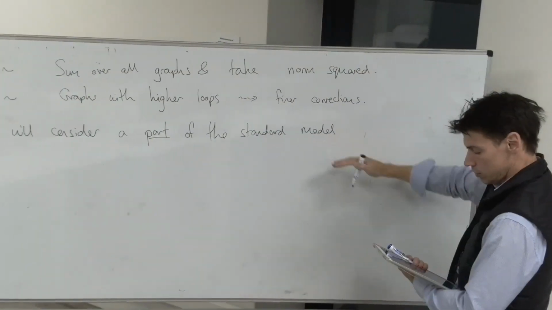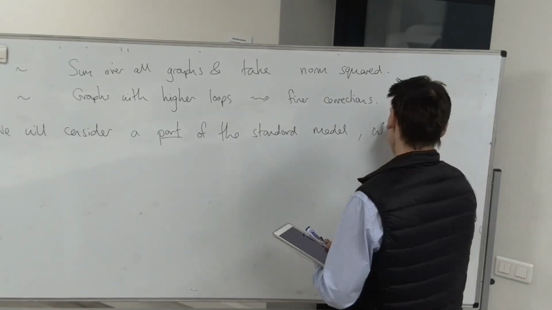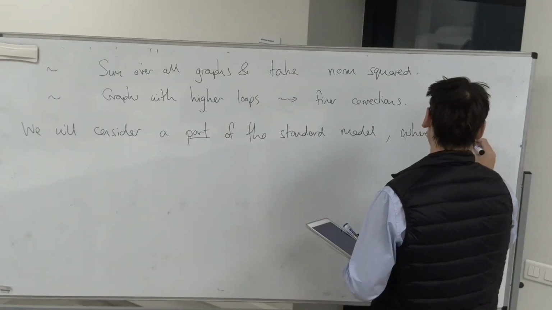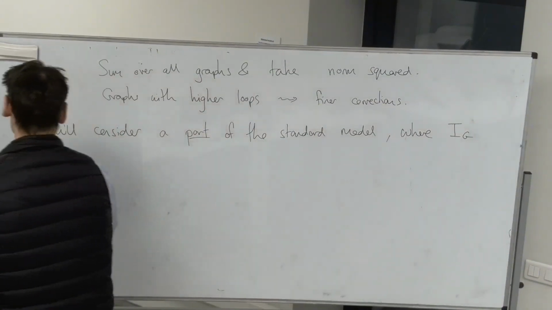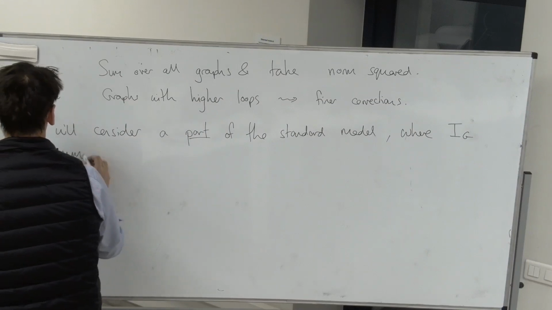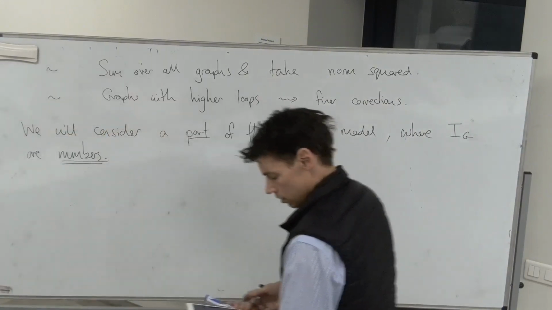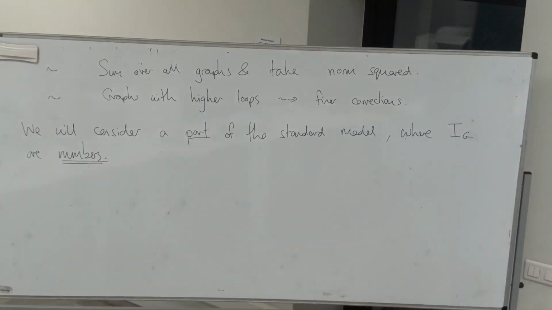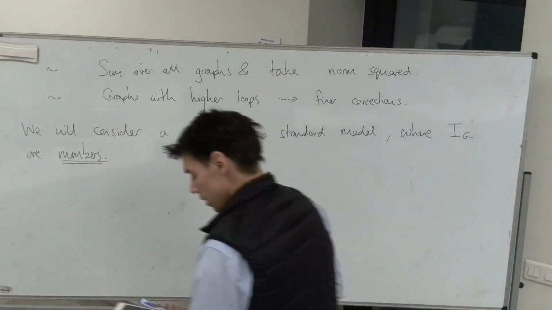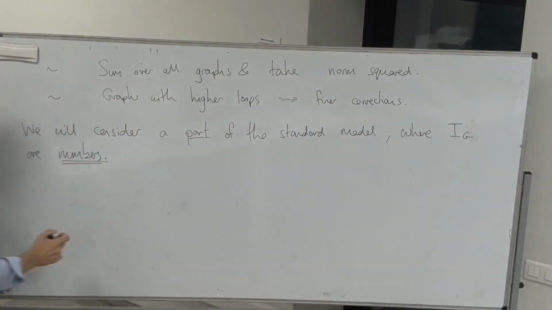But what I will tell you is a genuine contribution to the standard model, where the I_G are numbers. But since we get numbers, it's much closer to pure mathematics. Okay. Right, so that was the introduction.